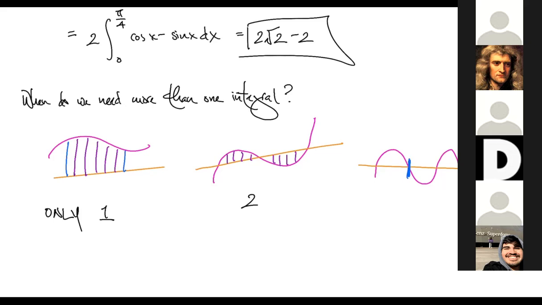How many would we need there? 4, that's one guess. Anybody else have a different guess? All right, well, let's take a look. It looks like this region has some. That's 1, 2, 3, 4. Yeah, I would say that this one has 4 separate sections. So we're going to need 4 integrals.